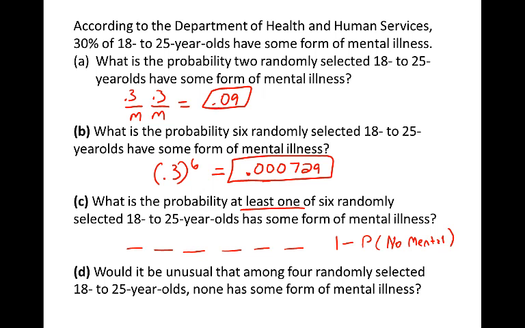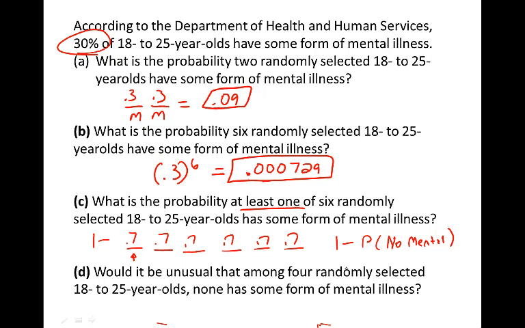So what's the probability that this first person here has no mental illness? 30% do have one, so how many don't have one? 70%. Same for this one, we're assuming independence. And we're going to do 1 minus that. So this is 1 minus 0.7 to the 6th, right?